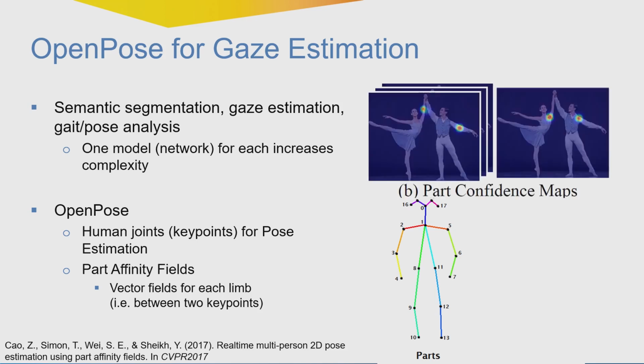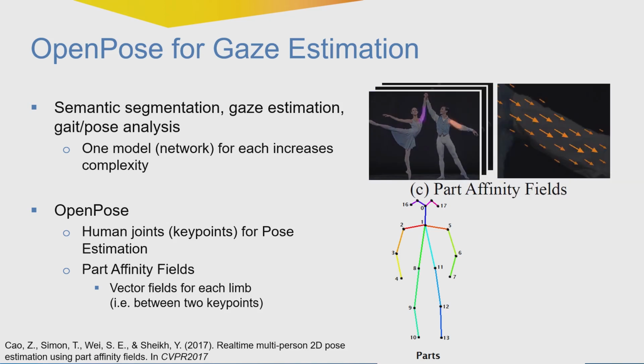And in a nutshell, the way they have this model is that they have a detector estimating the position of these key points, these joints, and they also use what are called part affinity fields. This is essentially learning the association between adjacent joints. So for instance, the direction that gives you the likelihood from your left shoulder to your left elbow.